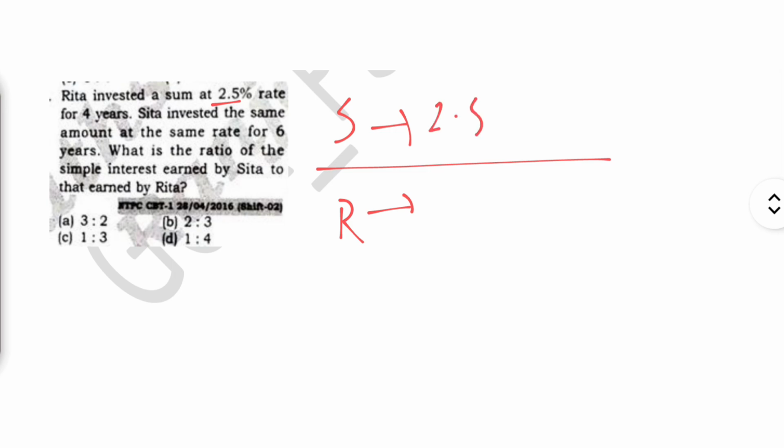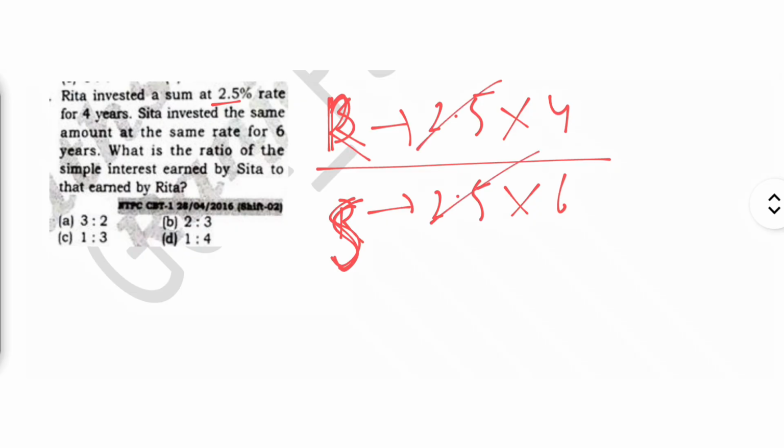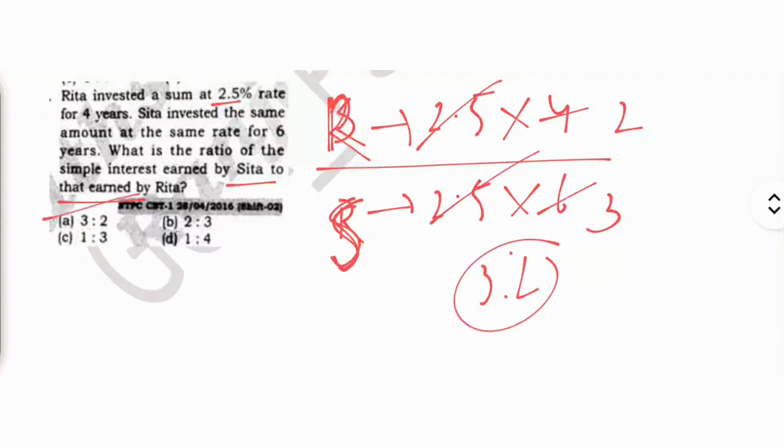We are taking 2.5% into 4 years for one and 2.5 into 6 years for the other, this is Rita and this is Sita. So this and this get cancelled. 2 3s are 6, 2 2s are 4. We are told to find the ratio of Sita to Rita, which is nothing but 3:2. Option A.